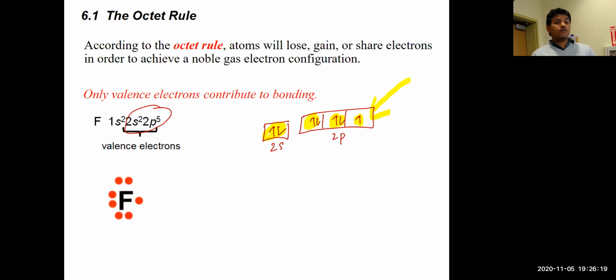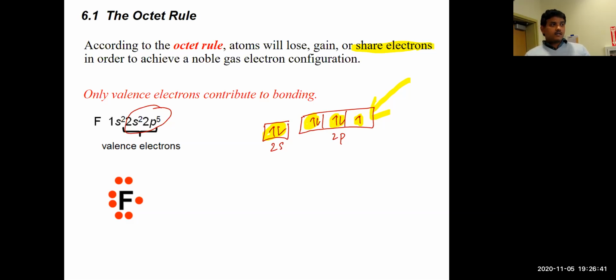Now let's see how fluorine, which currently has only 7 electrons, is going to achieve the octet rule through sharing of electrons, right? Because as I said, these nonmetals are not going to lose or gain electrons, they only share electrons. So let's focus on how fluorine is going to share electrons with another element.